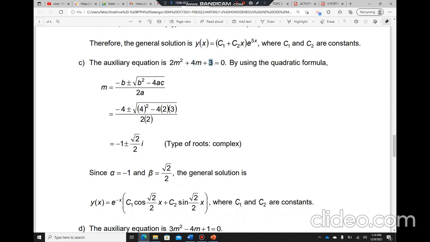So masukkan dalam formula ni, awak akan dapat type of roots which are complex roots. So kat sini kita identify which is alpha is negative 1 and then beta square root 2 over 2. So the general solution kat sini awak refer table tadi. So tempat alpha ganti dengan negatif 1 and then tempat beta ganti dengan square root 2 over 2, where C1 and C2 are constants. Okay, satu lagi saya nak ingatkan awak.